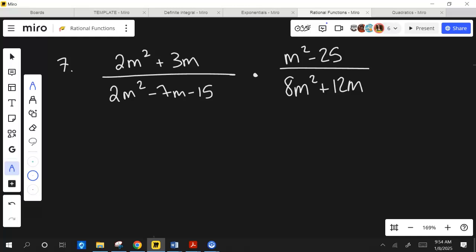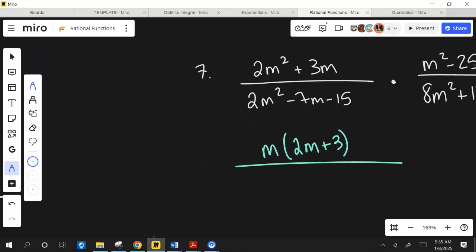So we start. The key to these, even though they look like a lot, is to take them step by step. Take them piece by piece. Don't make it harder than what it is, okay? So in other words, let's look at the top of the first one. Take an m out first, right? What's left when you take that m out? The bottom here is going to be a slashing problem, so I'm going to come off to the side.